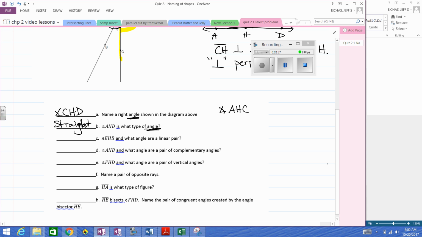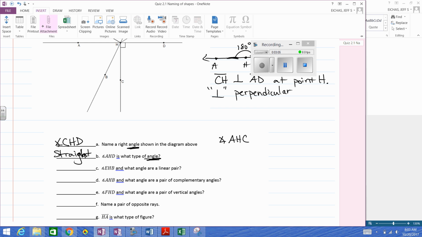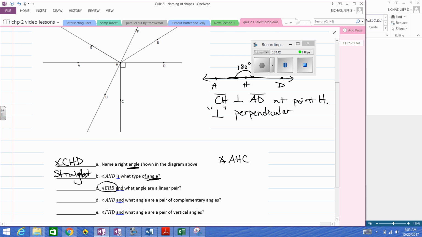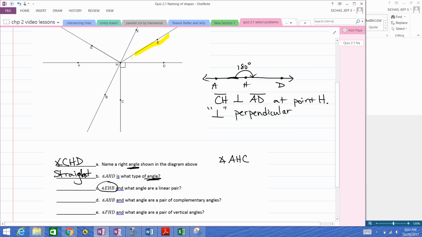Next one, EHB and what angle are a linear pair? Let me get rid of some stuff here so we can focus on just that question. So what is it? EHB, EHB. So follow that path. It's not easy, but we got to follow the path. E to H to what? B? Okay, right there.